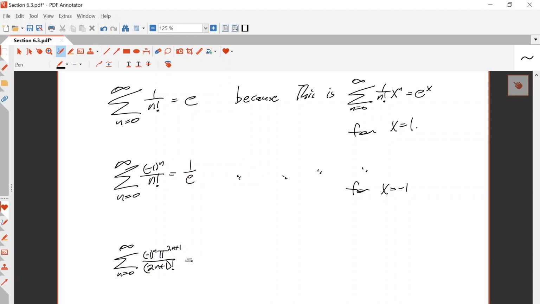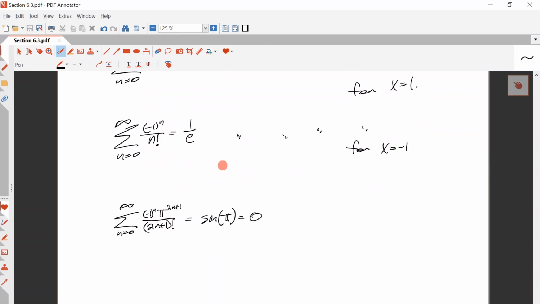Well, this one's got to be, that's the Maclaurin series for sine x. But instead of x, I plugged in pi. Well, that's sine of pi, which is 0. So we've got a whole bunch of different series that we can now sum up, all related to sine x, cosine x, e to the x. Okay?